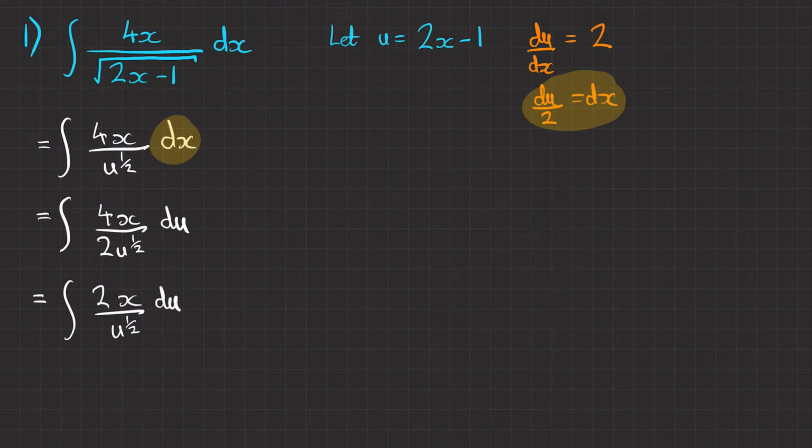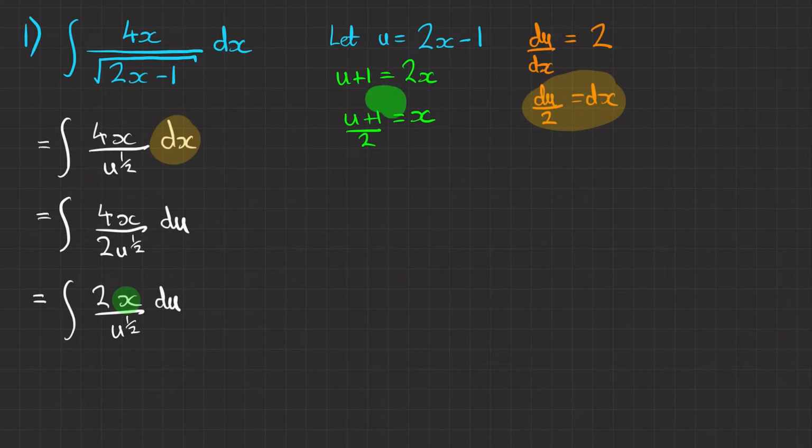Now we need to replace this x value here, so we'll have to rearrange this u term. To do that, we're going to add 1 to both sides, so u plus 1 equals 2x. And we're going to divide both sides by 2, so u plus 1 over 2 equals x.